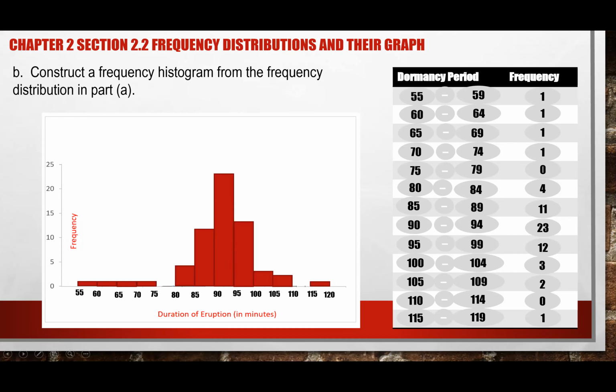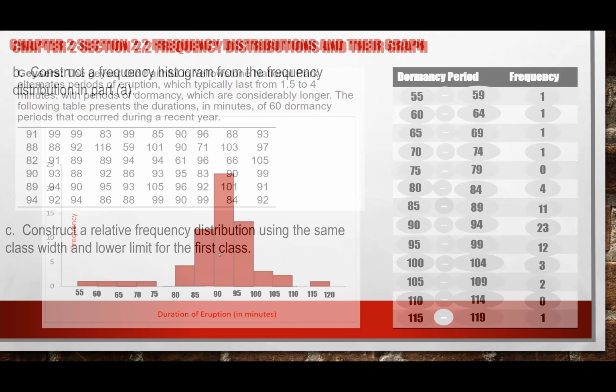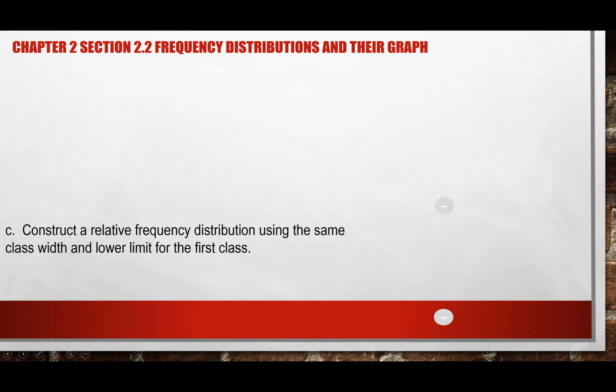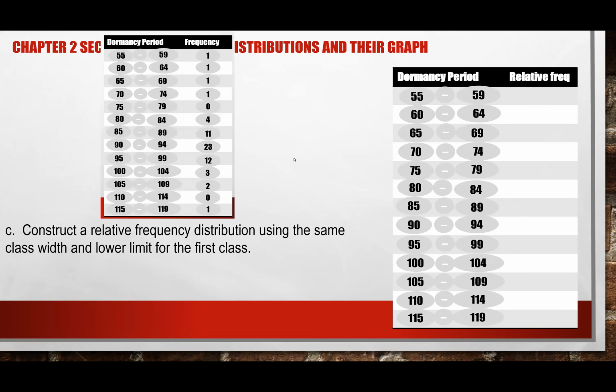And again, I believe this is where I stopped, when I asked you to construct your relative frequency. Reminder, for your relative frequency, you take each of your frequencies and divide it by the total frequency. For the first item, we take 1 divided by 60 to give us 0.017.